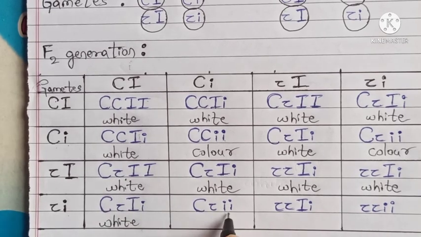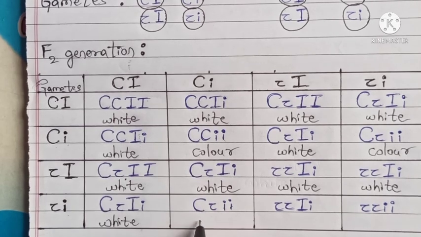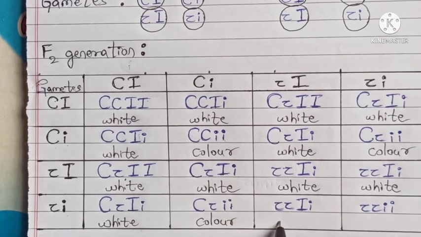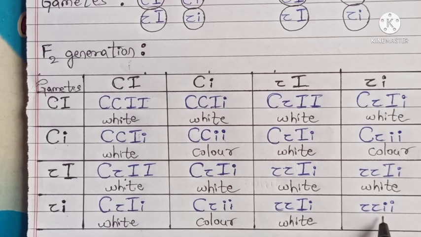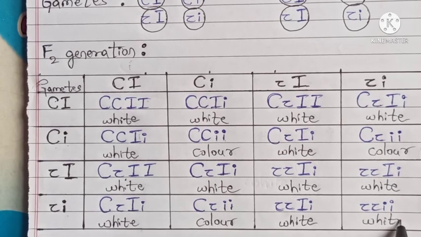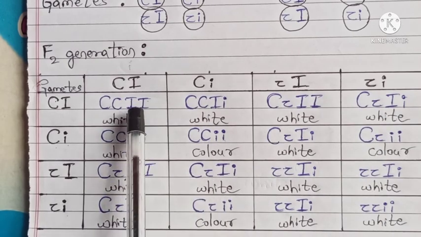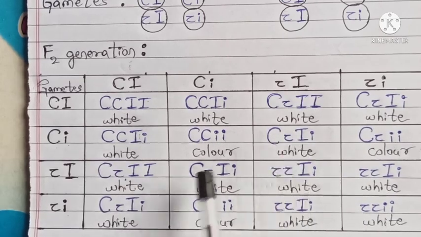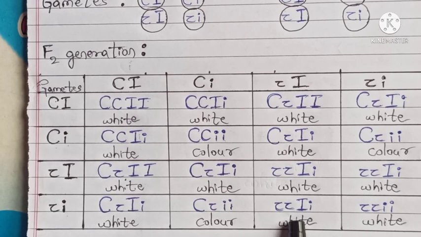Now here be very careful, again both are small i, and here capital C is there, therefore it is color. Now capital I, no doubt it is white, and here all are recessive condition, therefore no doubt again here also white is expressed. Now you can see how many white there are: 1, 2, 3, 4, 5, 6, 7, 8, 9, 10, 11, 12, 13.